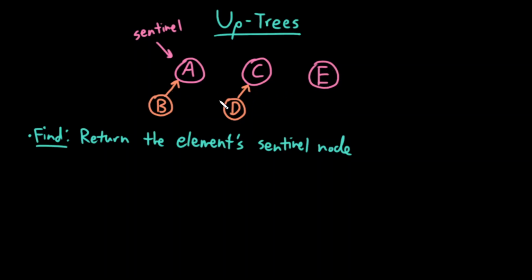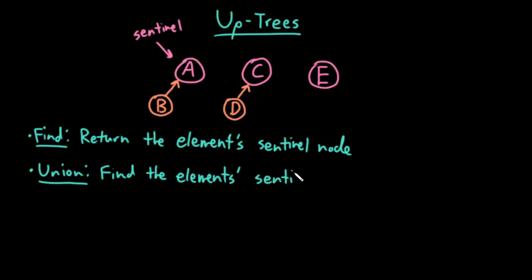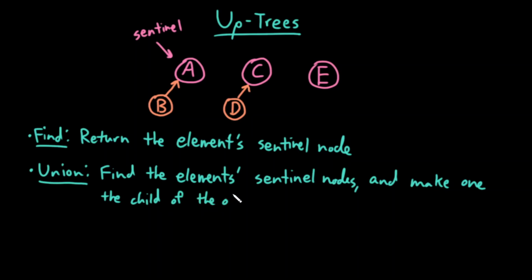So given any element and therefore its node, I can tell you what set it belongs to by just traversing up parent pointers and returning the sentinel. And then for union, I can find the elements' sentinel nodes and make one the child of the other.